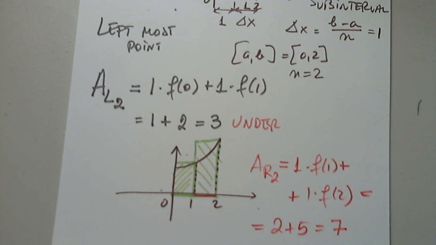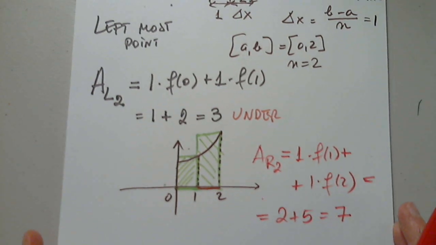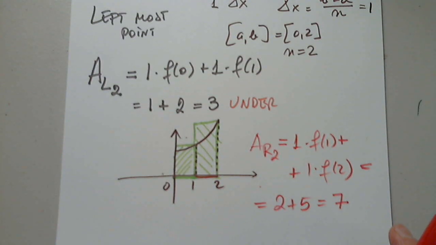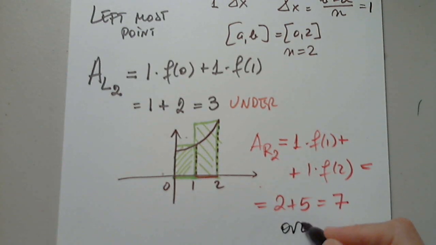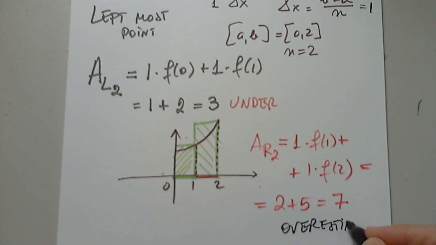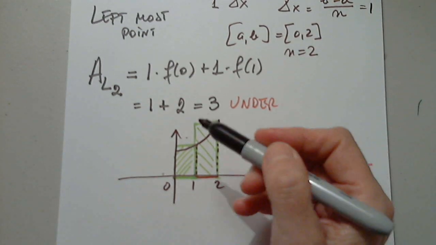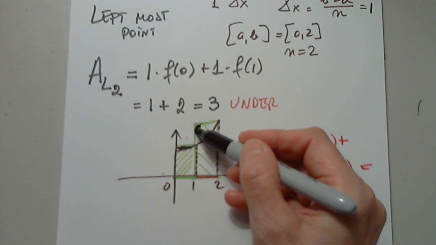Is this an underestimate or an overestimate of the correct area, of the exact area? Over. Over. Because of these areas.